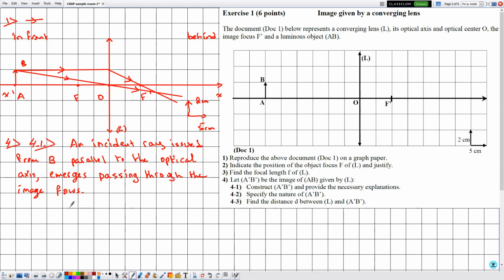And now let's say an incident ray issued from B passing through the optical center. In this case, the emergent ray emerges without deviation.